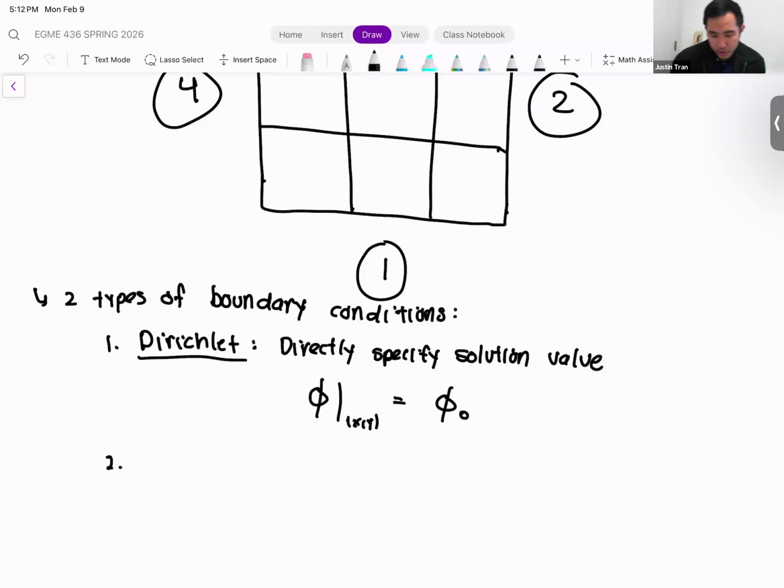And then the second type of boundary condition is our Neumann boundary condition, which are our derivatives, okay? But in 2 dimensions, we have a bit of a wrinkle. Remember, a Neumann boundary condition is you're basically specifying the solution derivative at the boundary.